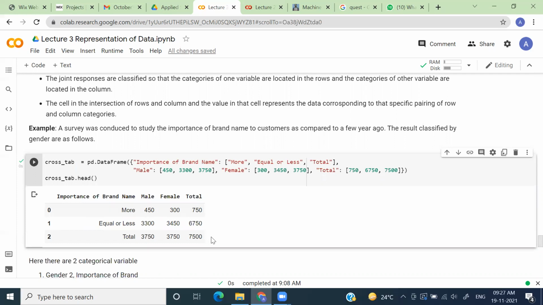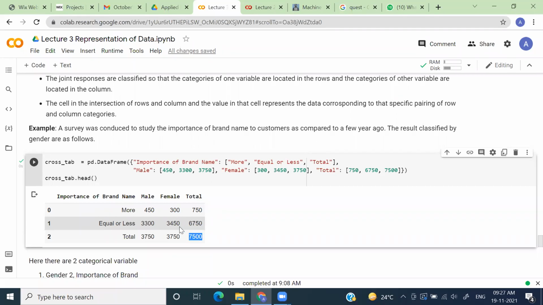Out of those 7,500 people, 450 males told that the brand value has increased. 300 females told that the brand value has increased. 3,300 people said that no, the brand value has either remained the same or decreased, and so for female also.